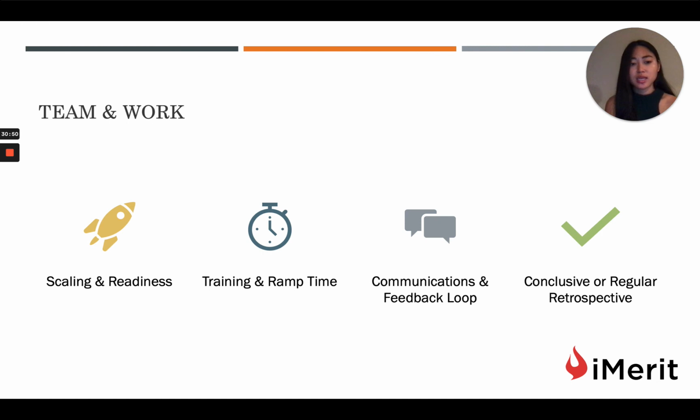And then lastly, having conclusive or regular retrospectives. In order to improve in this industry, we really need to take a step back and look at what we have done so that we can ultimately create better processes and think more deeply about the data set. To be honest, I've been a part of many different industries, whether it be autonomous vehicles, document parsing, geospatial analytics for the energy sector, for the retail sector, for the deforestation sector.